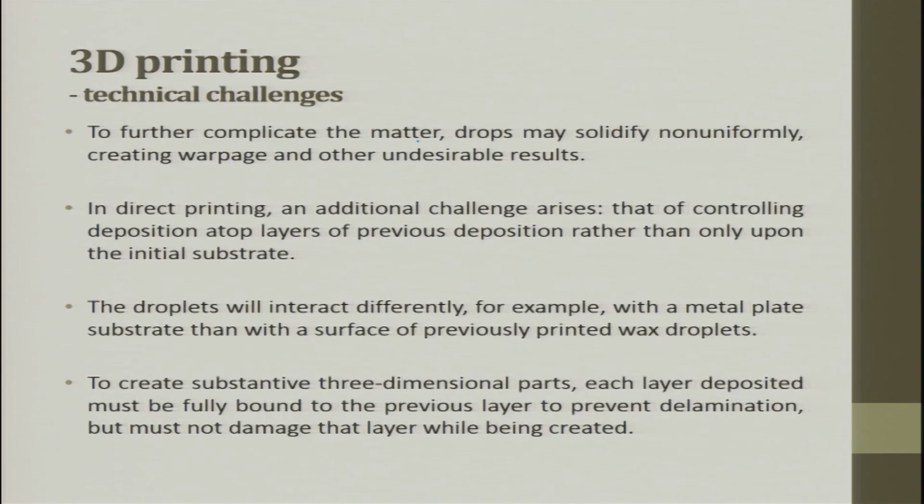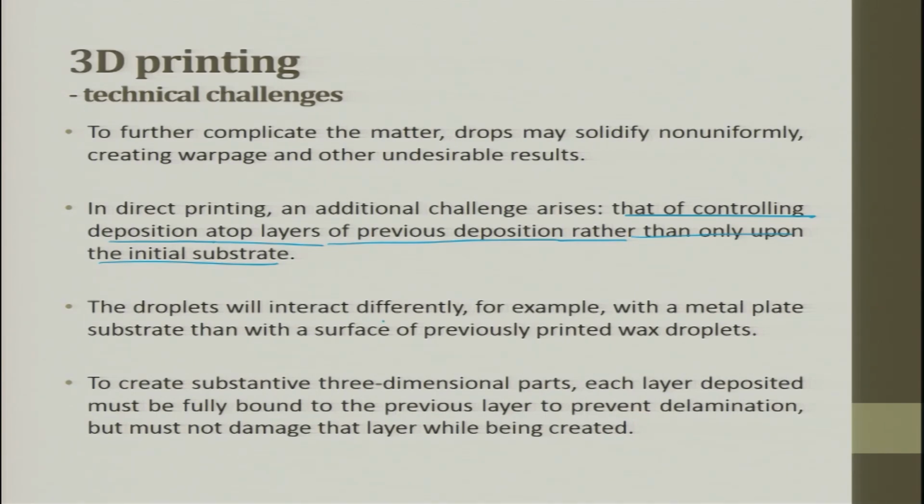To further complicate the matter, drops may solidify non-uniformly, creating warpage and other undesirable results. In direct printing, an additional challenge arises in controlling deposition on top of a previous deposition rather than only upon the initial substrate.